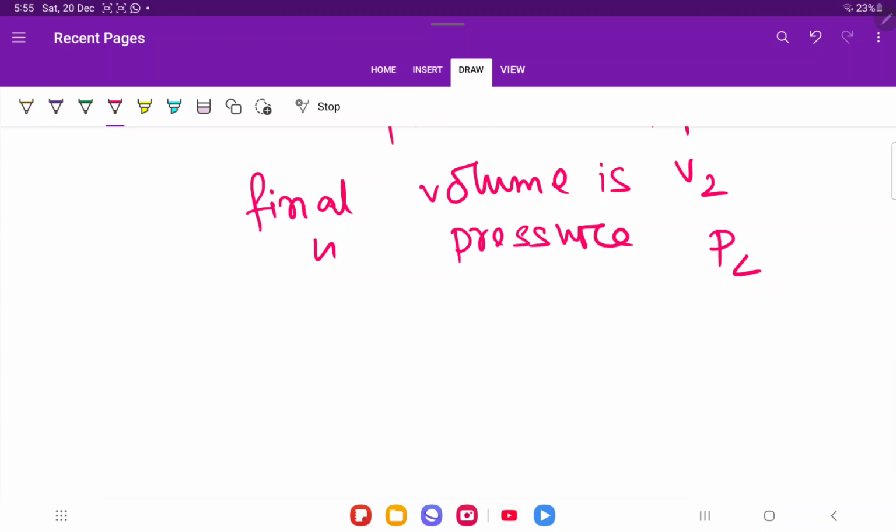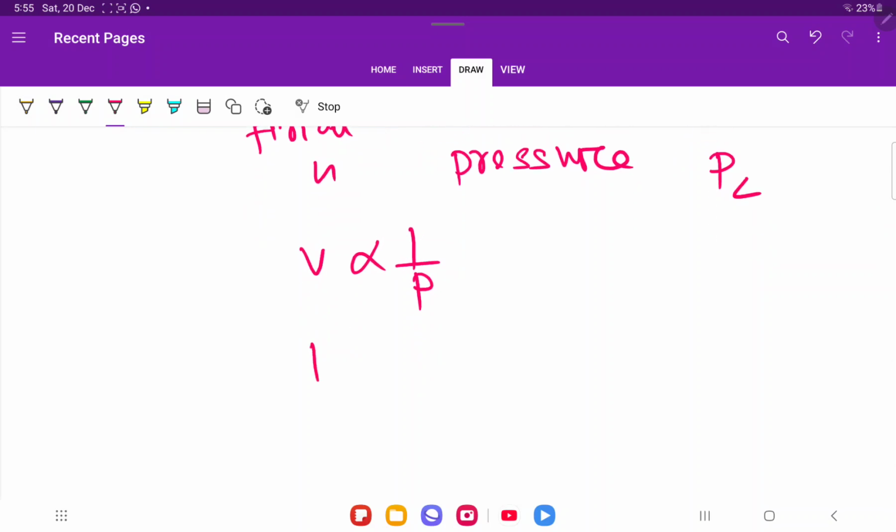Now what will happen here? What we got is that V is inversely proportional to P. So basically P into V gives K.